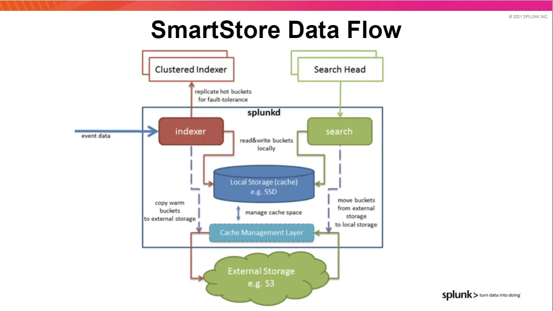Your search doesn't need to know whether a data set resides in a cache or a long-term storage. Additionally, the SmartStore indexer architecture is stateless, with data safely backed up in the remote storage, accelerating recovery or migration efforts and making management easier.